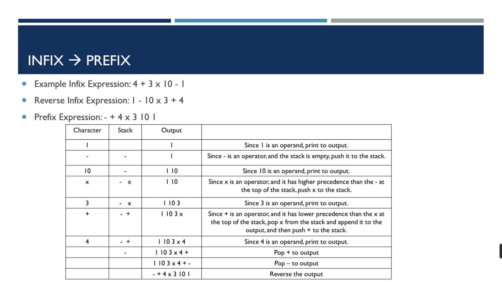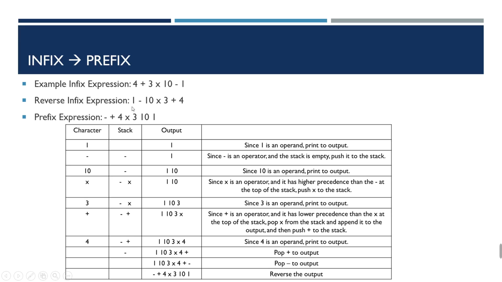For the assignment, I will do infix to prefix and infix to postfix. For the first, infix to prefix, I use the example 4 plus 3 times 10 minus 1. The first step is that we need to reverse the infix expression.